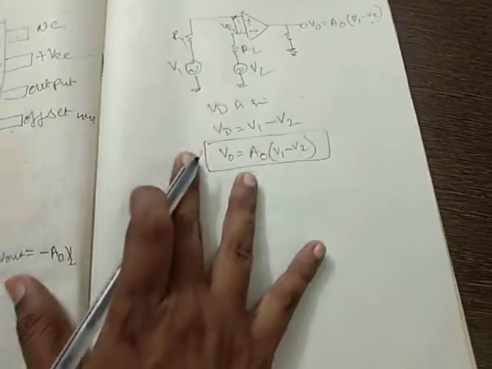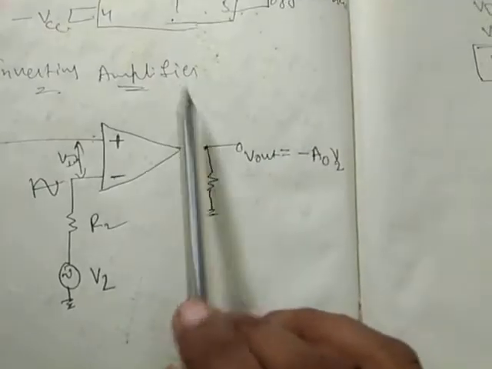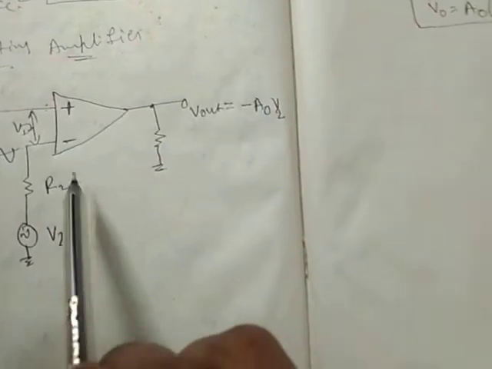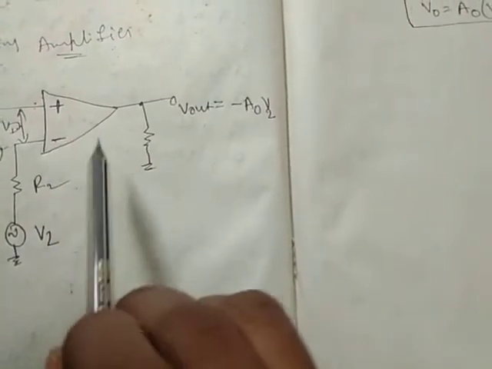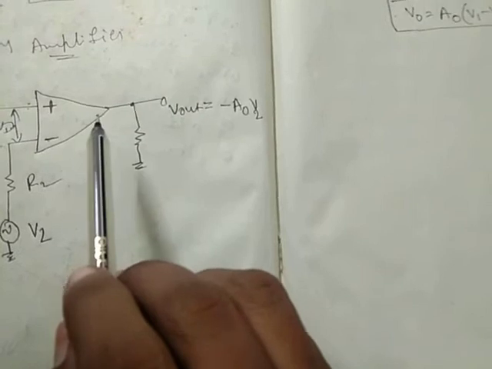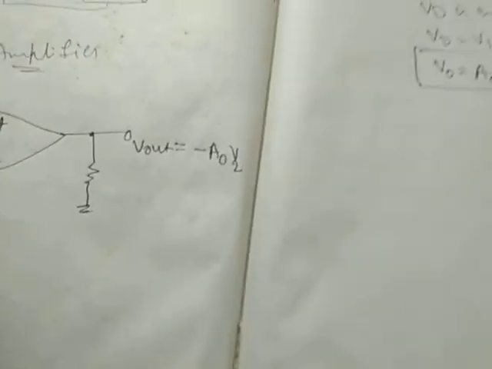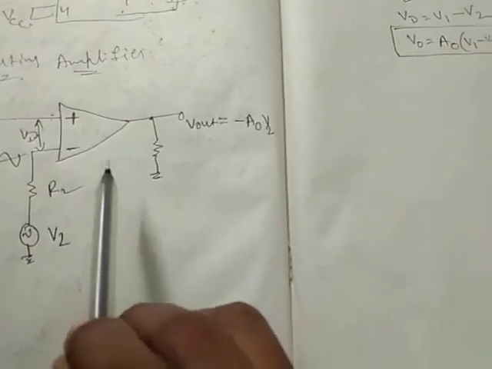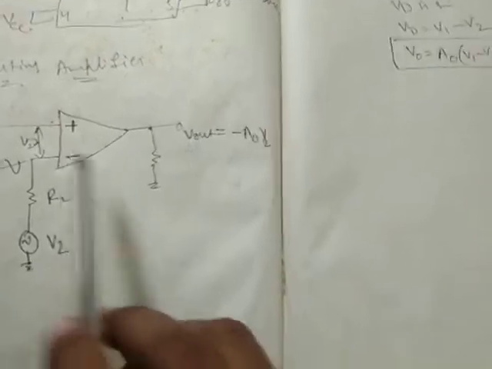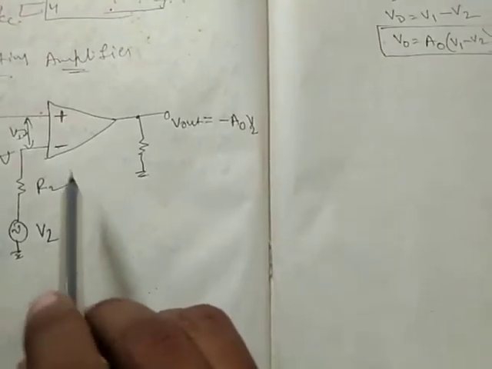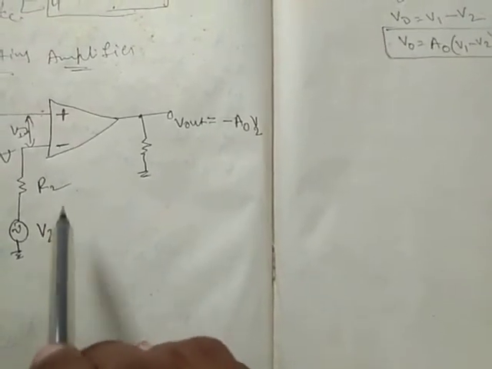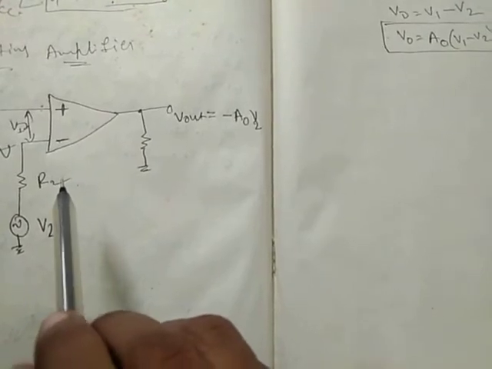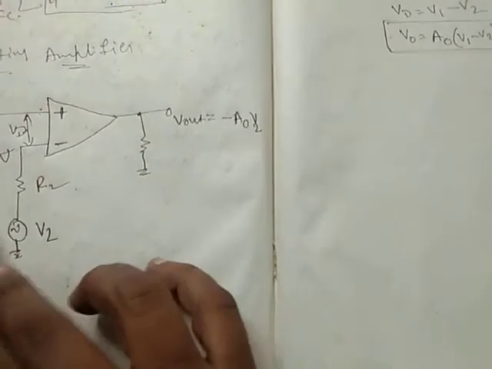Next, coming to the inverting amplifier. The circuit diagram is like this. As the name indicates, it has only an inverting terminal, and the non-inverting terminal of the op amp is connected to the ground.